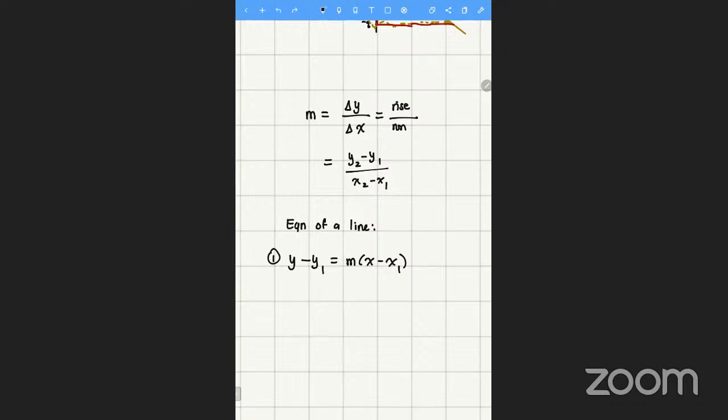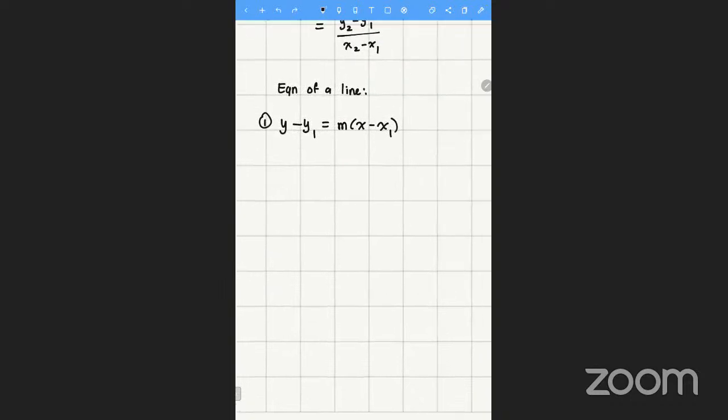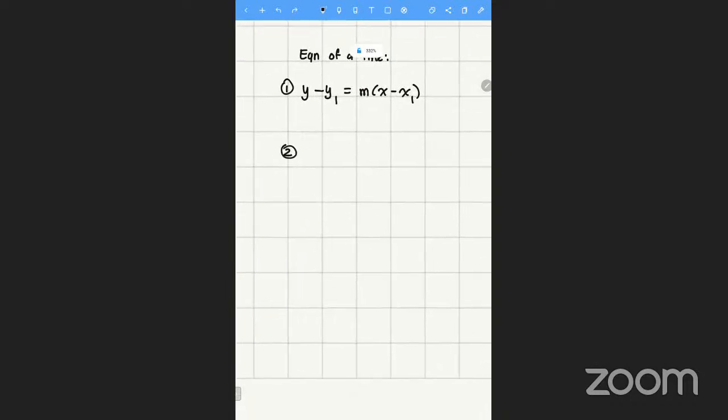This is the preferred method, because in calculus and later years, you're going to have to write the equation of a line like this. But another way you can write it is y is equal to mx plus b.